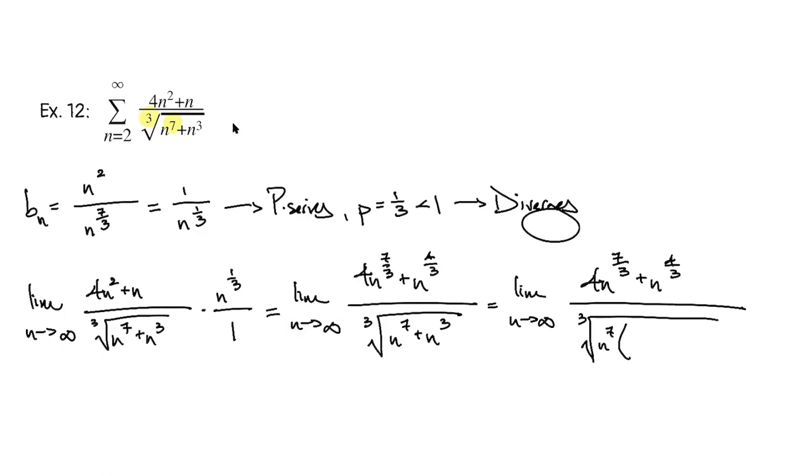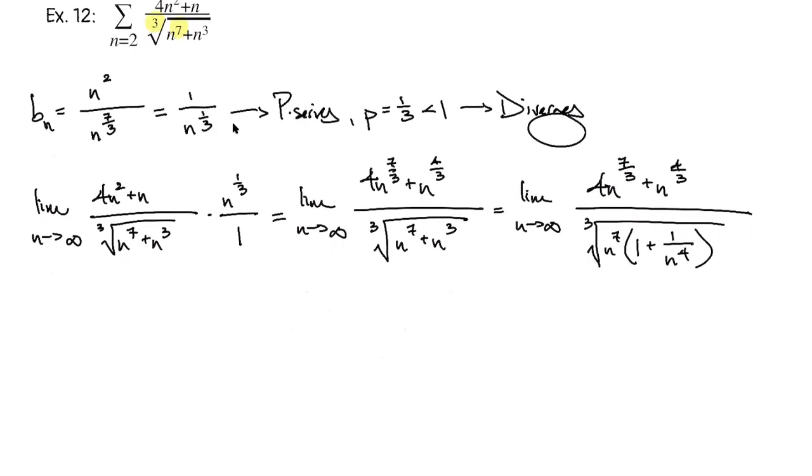Now that's going to leave me with 1 plus, how do I get to n to the 3rd? It's 1 over n to the 4th. If I distribute that back in, it will give me n to the 3rd. Okay.